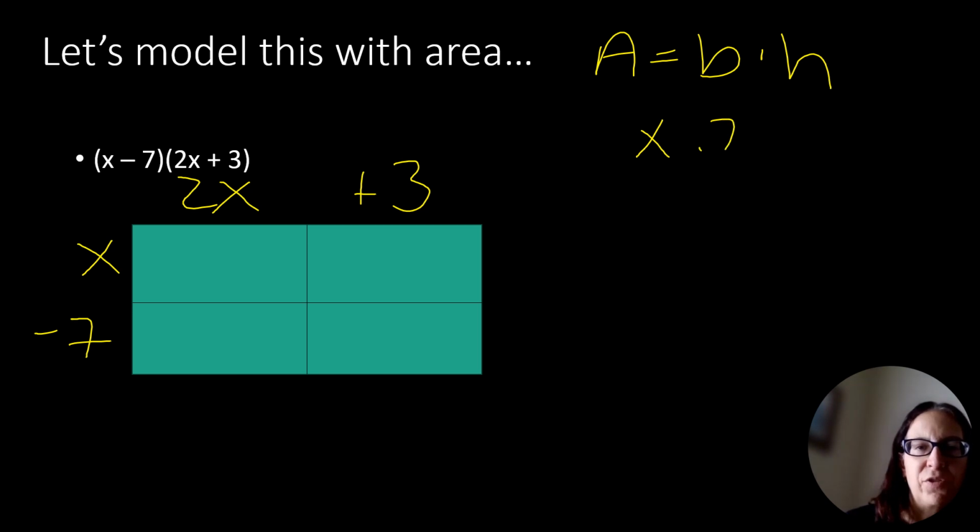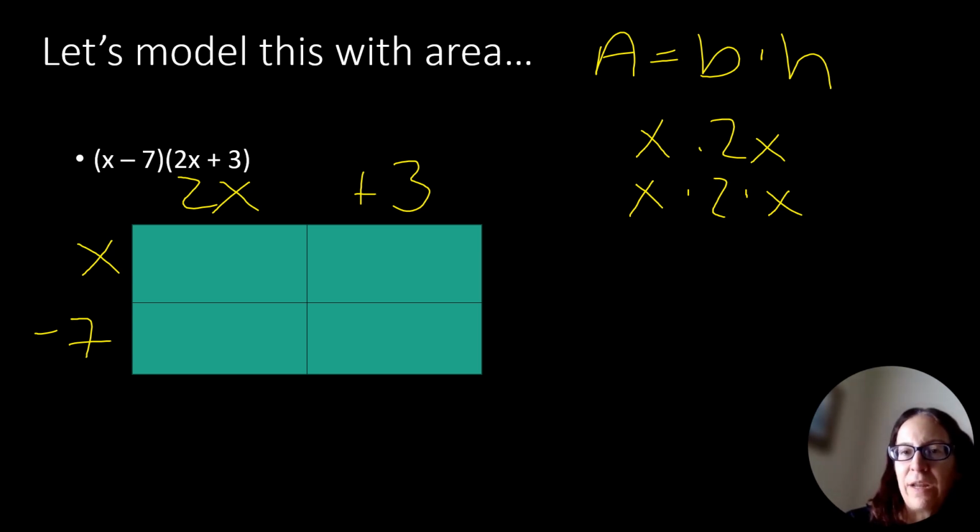So x times 2x is x times 2 times x. I'm going to play with the commutative property. Right here, x times 2 is the same as 2 times x, because that's multiplication.